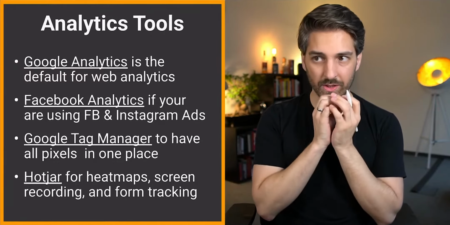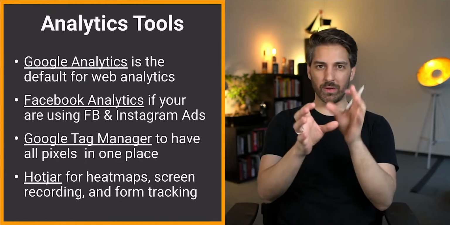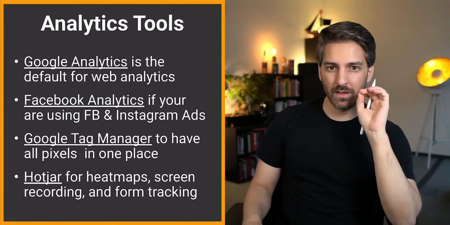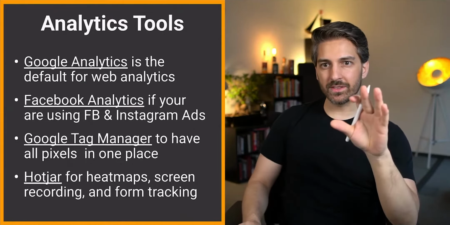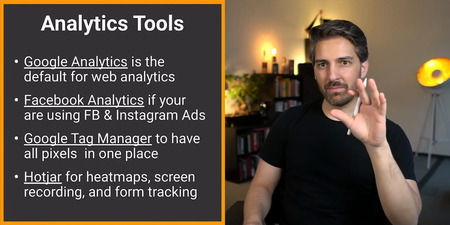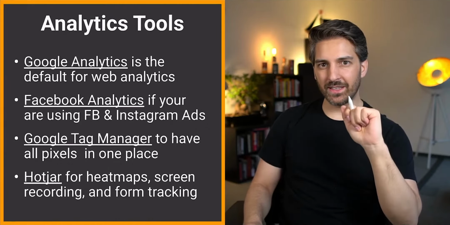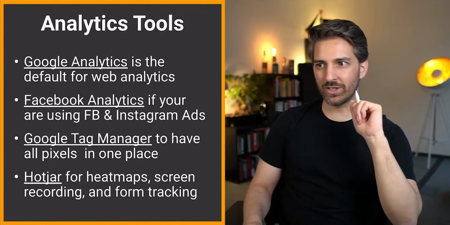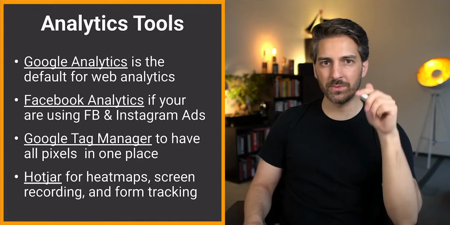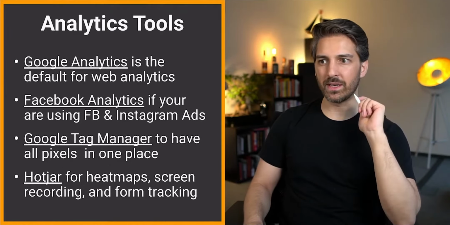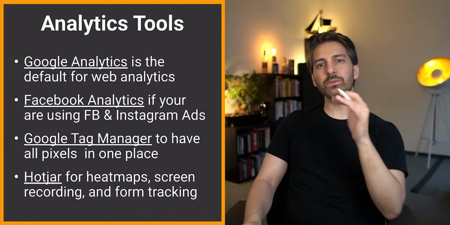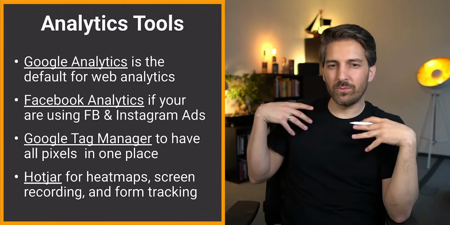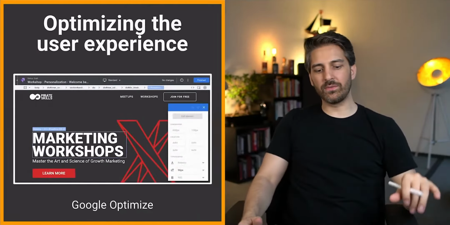But what are you going to do now? Now you have data, but how do you get to ideas that actually make a difference? For that, you need a tool like Hotjar. Hotjar helps you to do heat maps, which show you where people are clicking on your websites. They also do screen recordings where it feels like you can watch over the shoulder, and it does great form tracking.